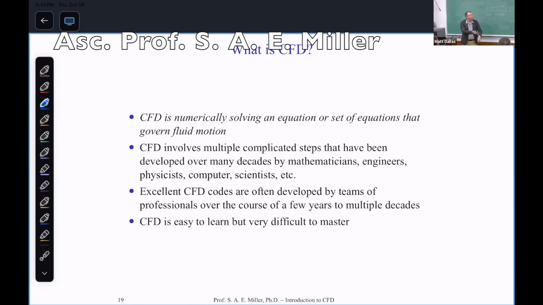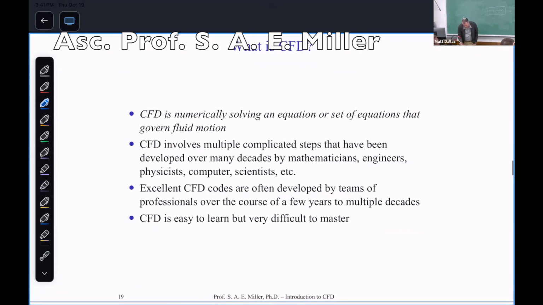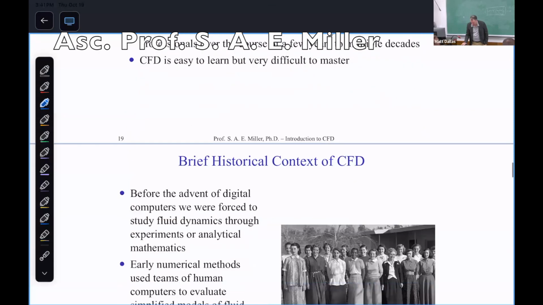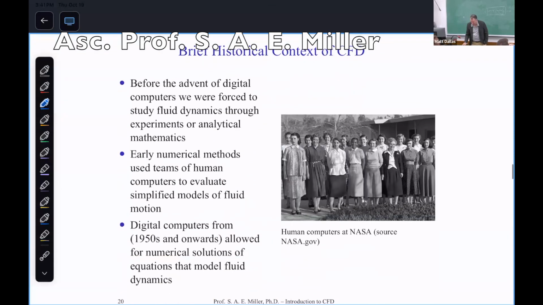I know I've got only a few minutes left. This is just what CFD is. It's basically anytime you numerically solve any equation that models fluids, you're doing computational fluid dynamics. It was originally done by teams of human computers. At NASA, you had to be a woman to be a computer, that was your title, and you had to have a math degree.